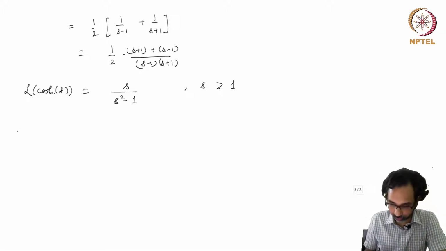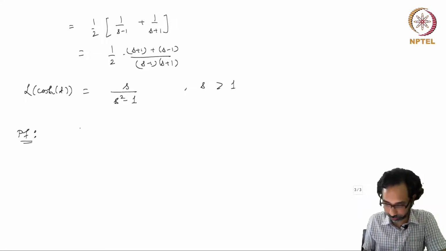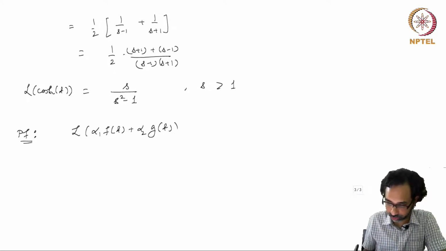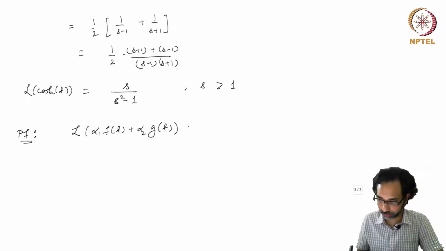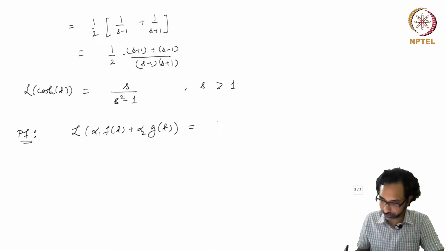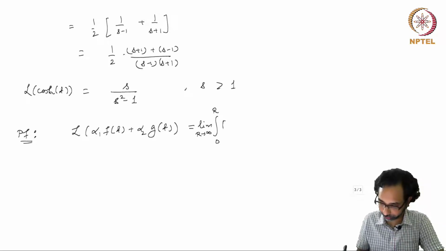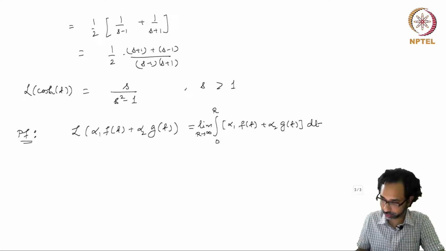So let's try to give a proof, which is a very easy proof for this linearity property. We try to compute the Laplace transform of alpha 1 f(t) plus alpha 2 g(t), and this is by definition, again we use the definition of the improper Riemann integral from 0 to r of alpha 1 f(t) plus alpha 2 g(t), times e to the power minus st, dt.